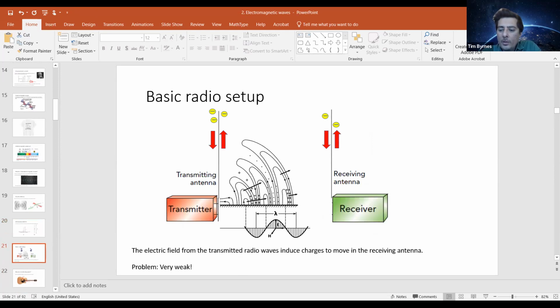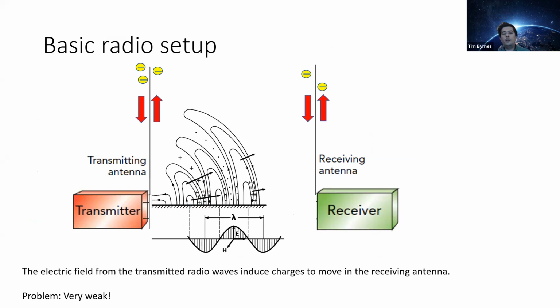So this is how radios work. Essentially what you have in a radio is a transmitting antenna and a transmitter, and you've got some piece of wire going up, usually a tower, right? You produce these oscillating charges inside the antenna, and by producing these oscillating charges, this creates electromagnetic waves.